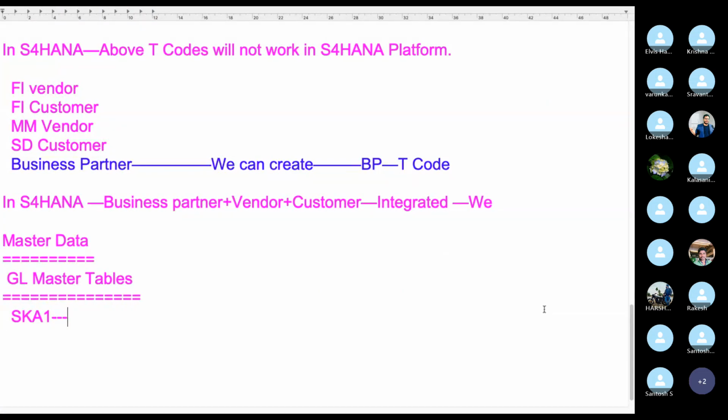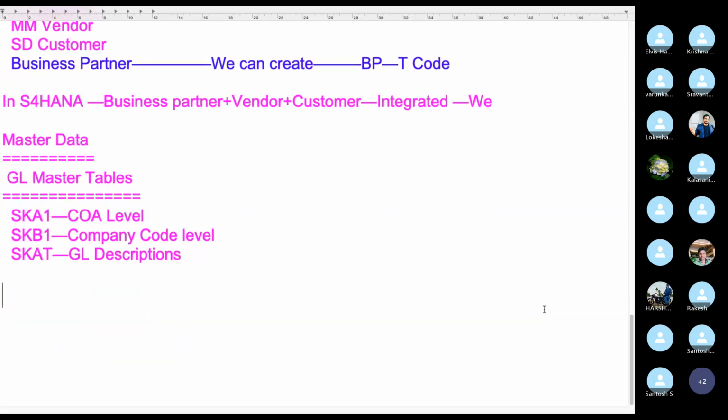SKA1 is chart of account level, SKB1 is company code level, and SKAT is for GL description. Last time we discussed these things clearly.